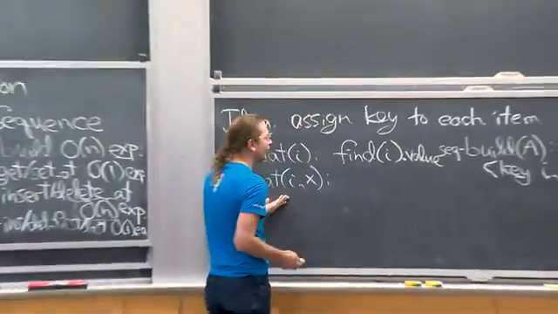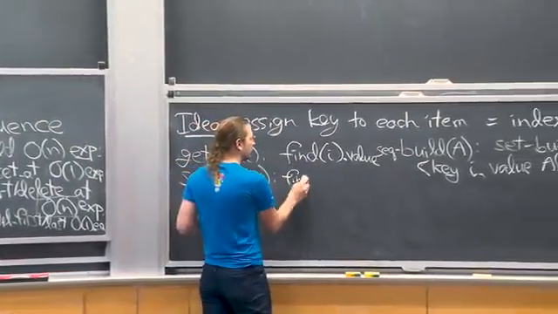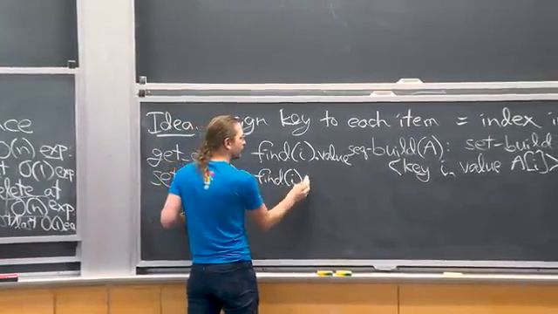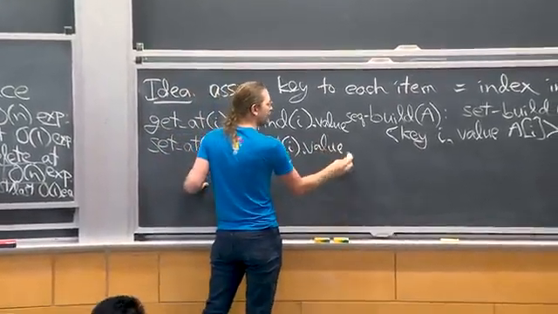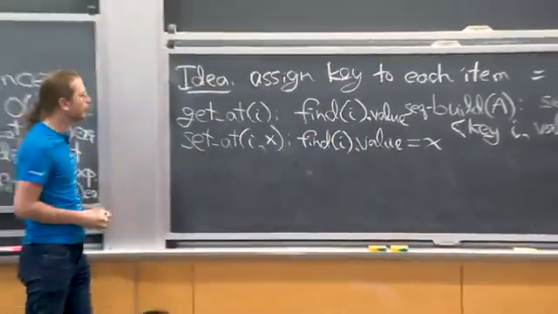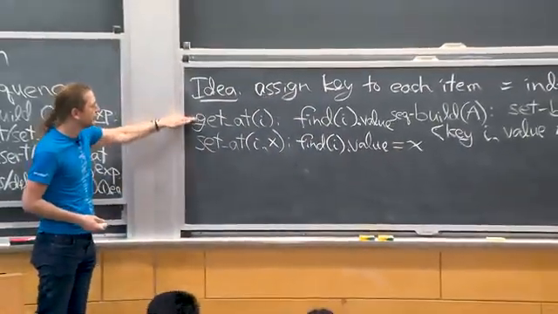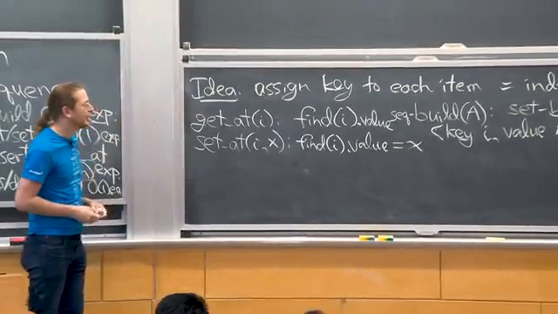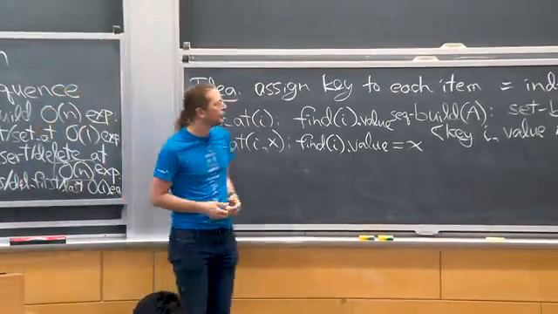So then set at, I can just use this find operation to get the object and set its value to x. So boom, we've implemented array-like semantics, get at i and set at i, using a set.